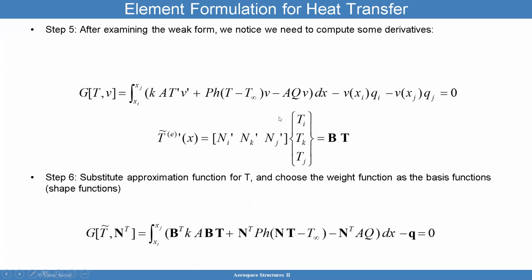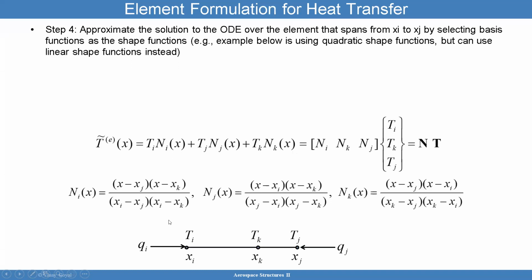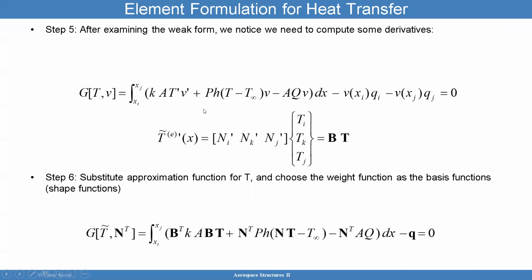Now I'm ready to substitute these things into here, and all I'm doing right now is anytime I see t, I'll plug it in for n bold, t bold, which is basically these polynomials times these unknowns. And you can see for t prime, I plugged in b bold, t bold.